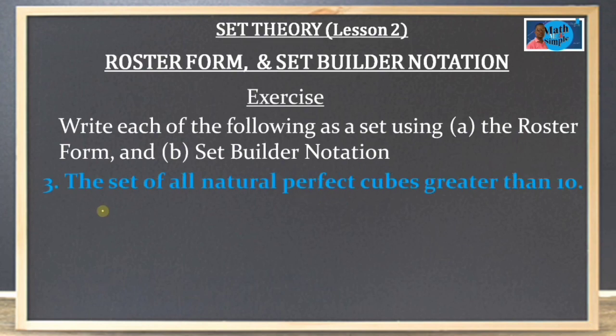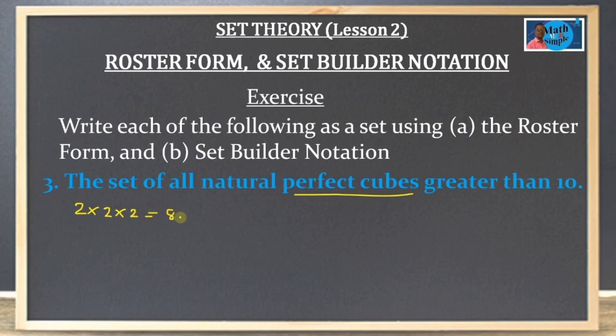Number 3, the set of all natural perfect cubes greater than 10. Okay, perfect cubes. So we need to understand what perfect cubes are. Perfect cubes are like 2 times 2 times 2 is 8.